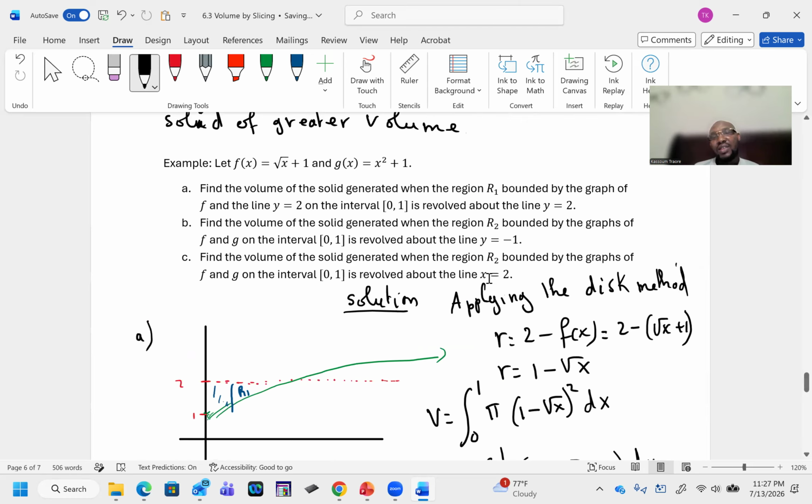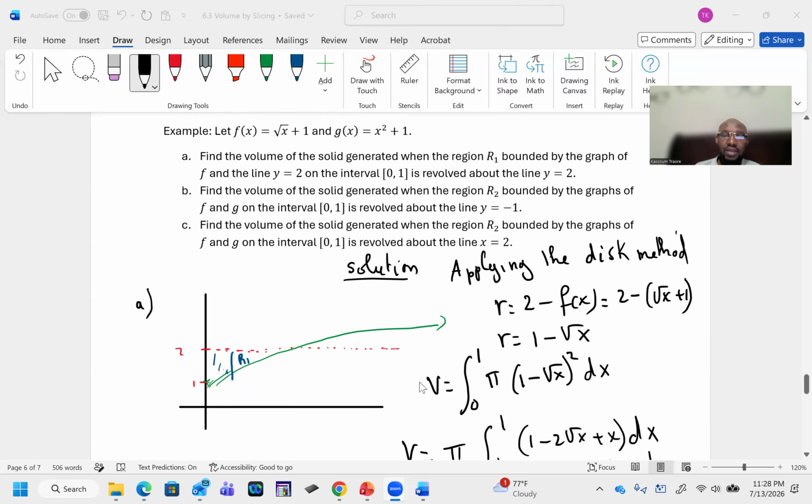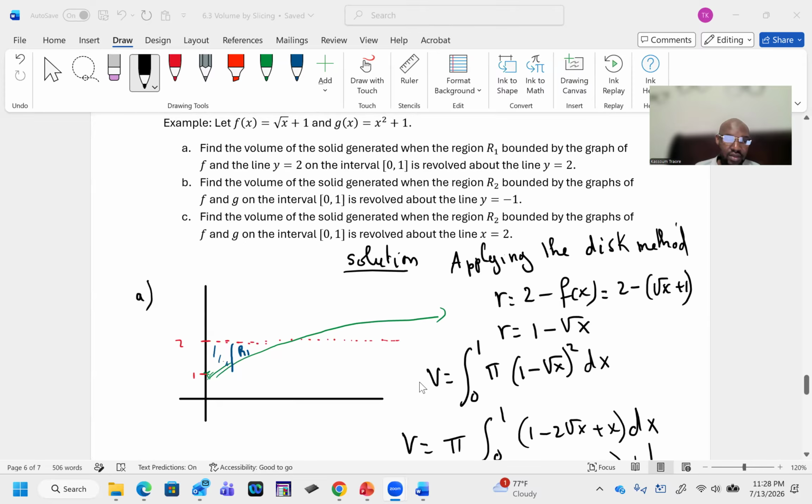The only difference is revolve about the line x is equal to 2. So on C, first we know the graph of f is described as a function of x. So we have to find the inverse, rewrite them as a function of y, f of y and g of y, right?